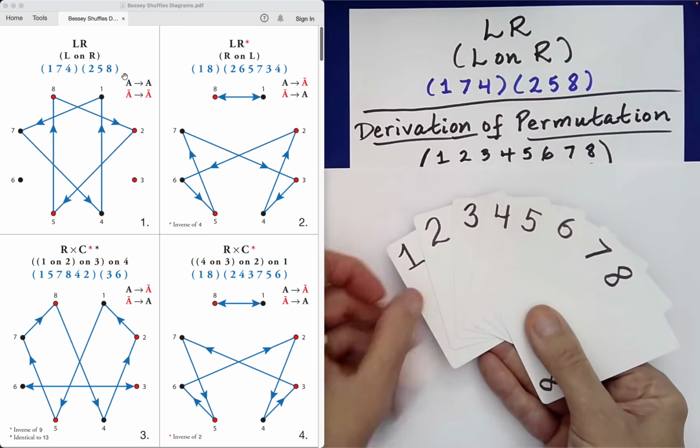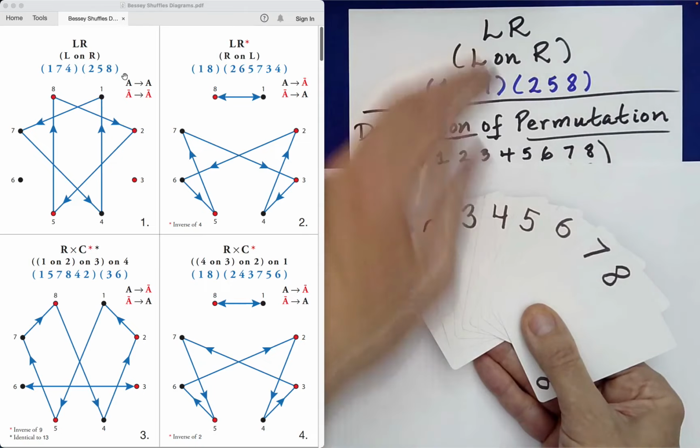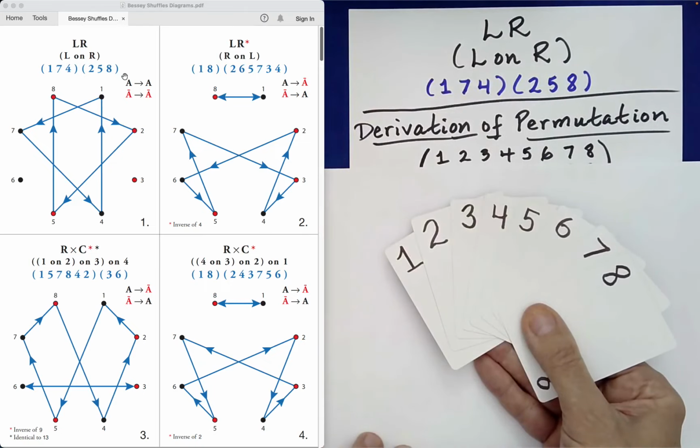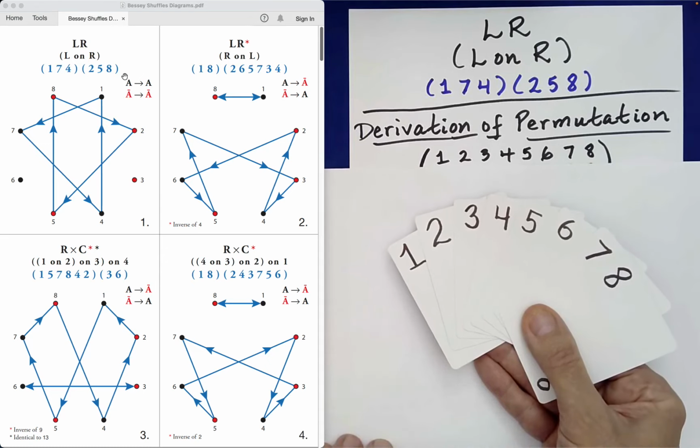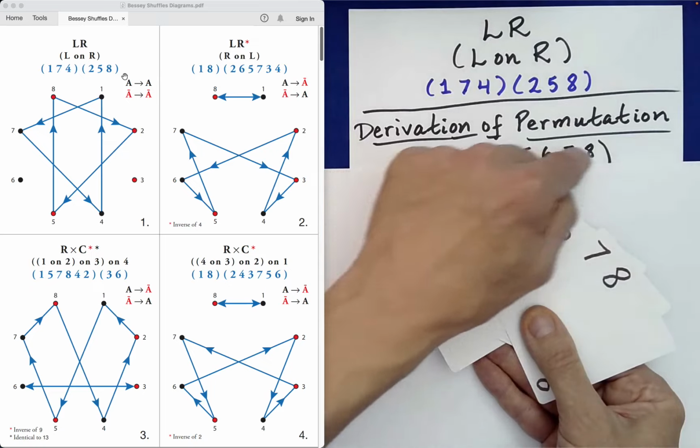Okay, so to figure out what permutation is associated with this shuffle, we begin with cards clearly labeled 1 through 8. These numerals are really just marking the original position of these cards. That's the whole reason for the numerals. So that's where we're starting: 1, 2, 3, 4, 5, 6, 7, 8.